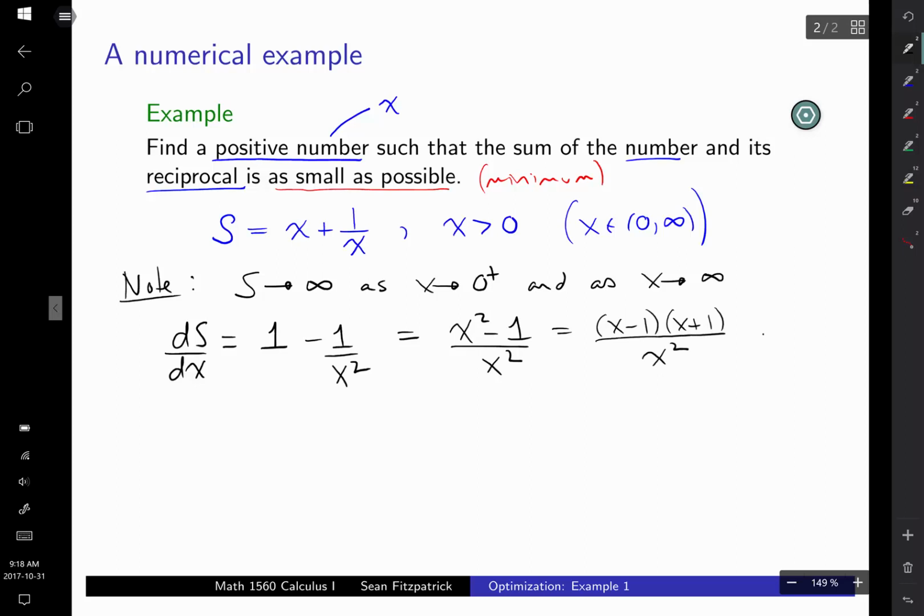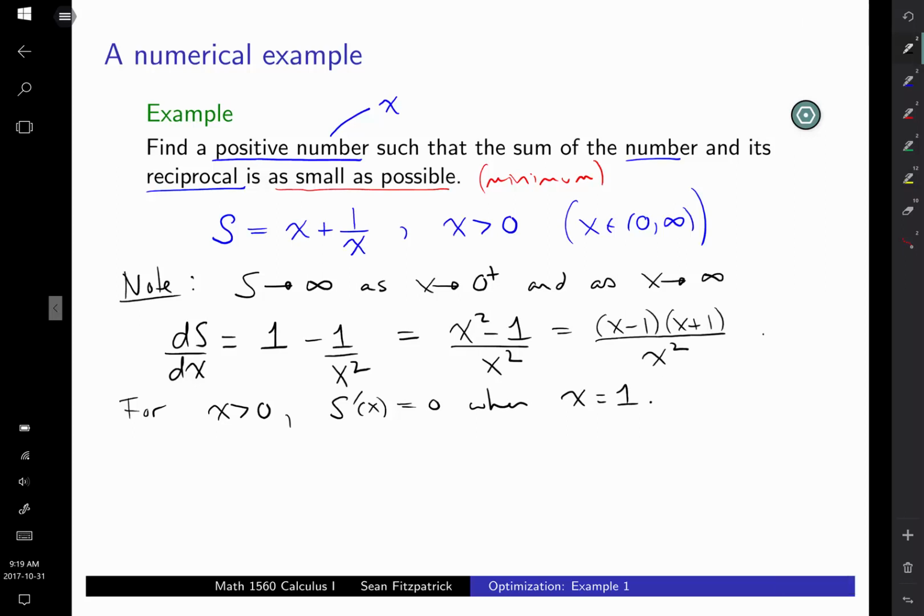Okay, and so we can see that since x has to be bigger than 0, right? There are two critical numbers there, plus or minus 1, but one of those isn't really a critical number because our applied domain in this problem is x bigger than 0. We're not looking at x less than 0. So the only critical number is when x equals 1.